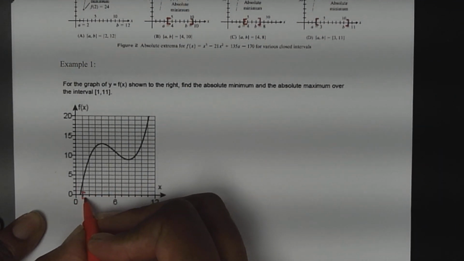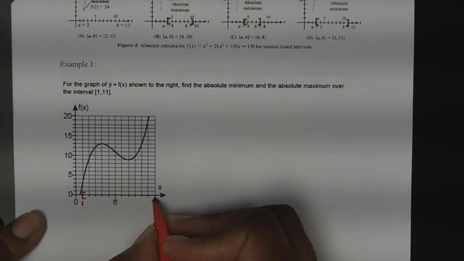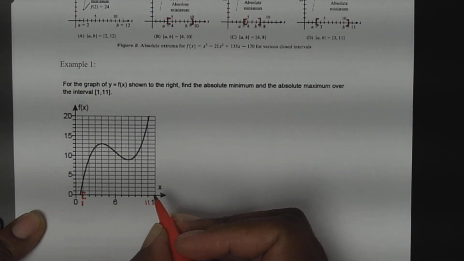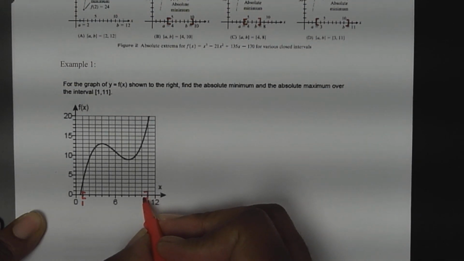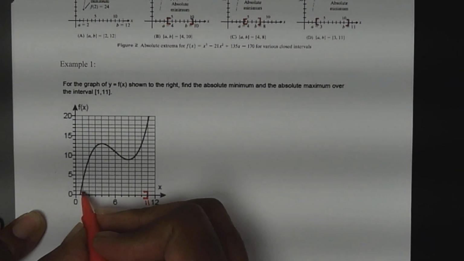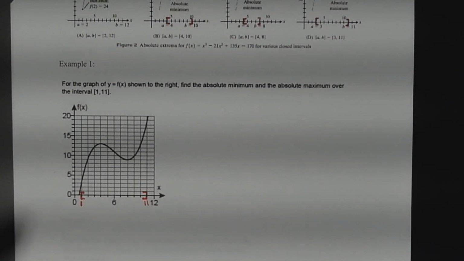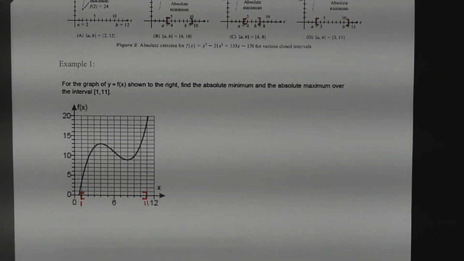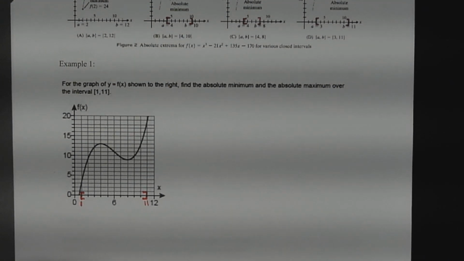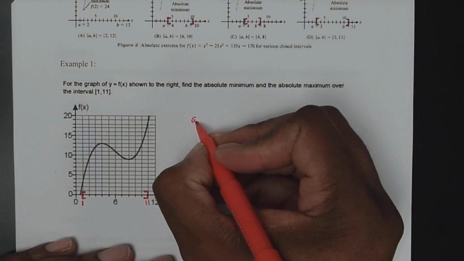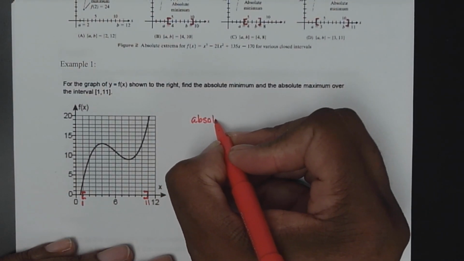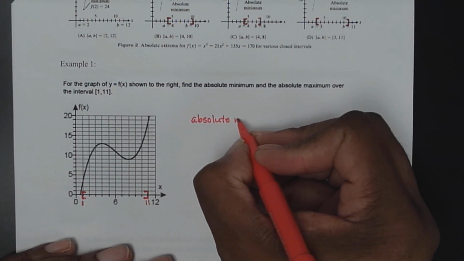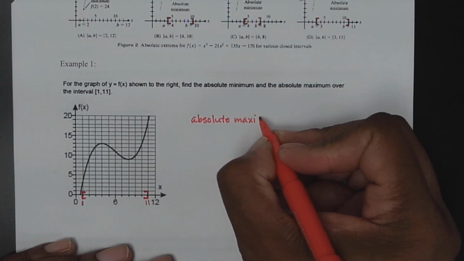Here's 1 right here, and that's 12, so to the left of that is 11. Within this interval, we're going to find the absolute maximum and absolute minimum.